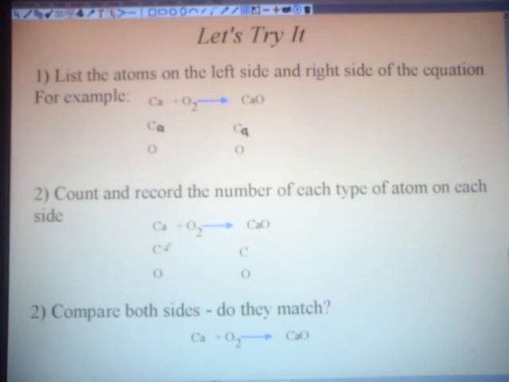We have 1 calcium and 2 oxygen on the left-hand side, and on the right-hand side I have 1 calcium and 1 oxygen. Do they match? Does the number of calcium on the left and right match? Does the number of oxygen on the left and right match?